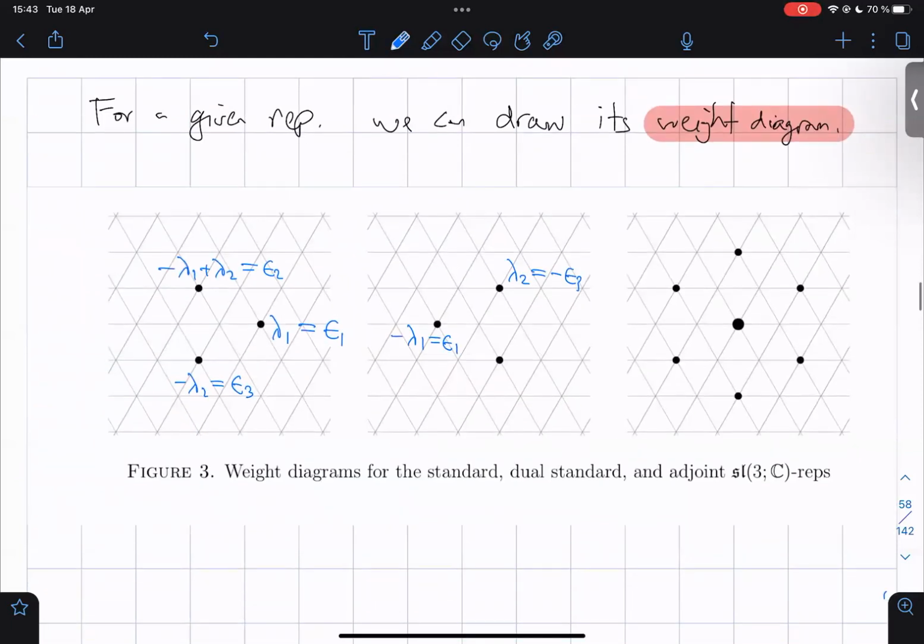And this is lambda 1 minus lambda 2, which is minus epsilon 2. Sorry, I made a mistake, minus epsilon 1. So these are the negatives of the standard representation weights.